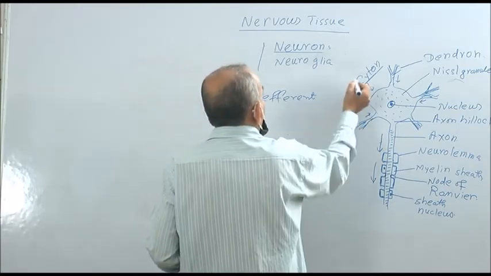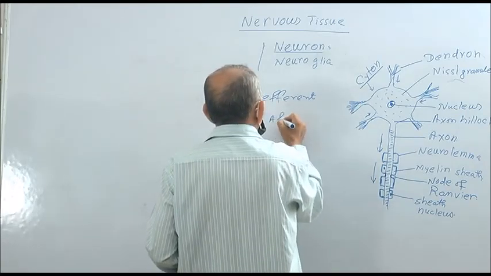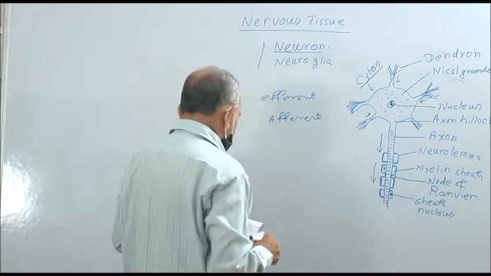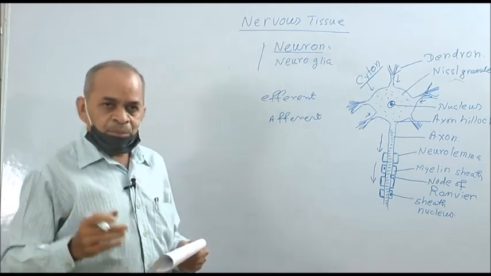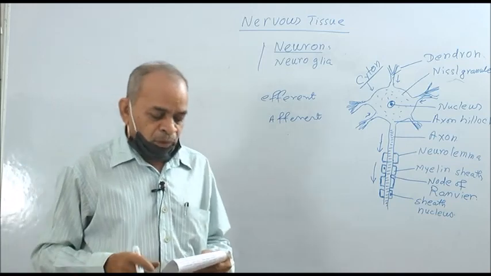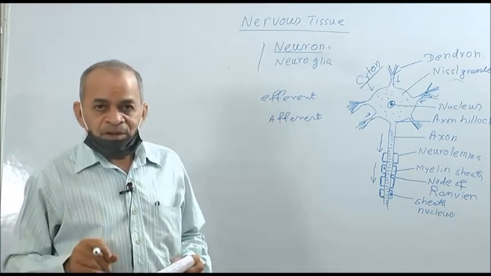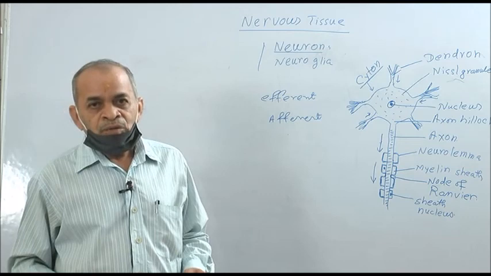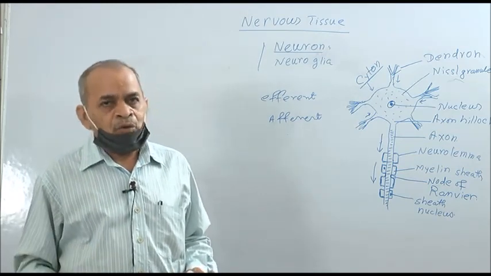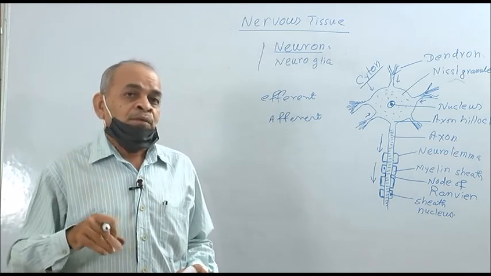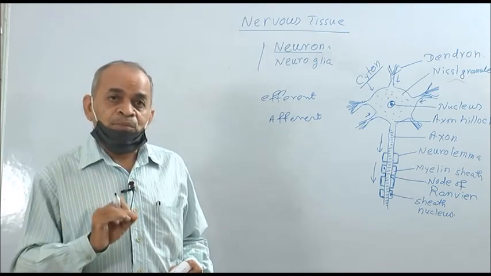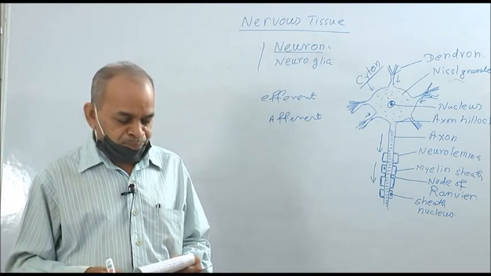The number is nil to numerous, because there may be a single fiber, that is the axon. So, dendrons 0. There may be 10, out of which 9 dendrons, 1 axon. So, from nil to numerous is their number.